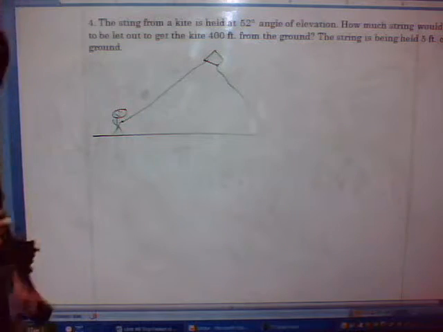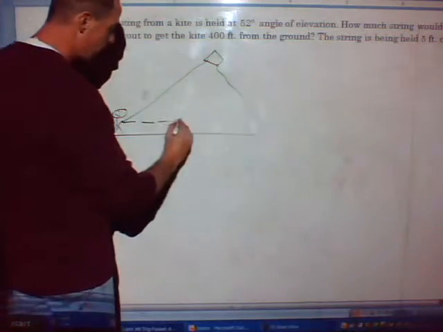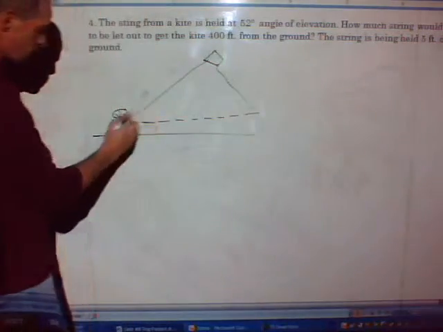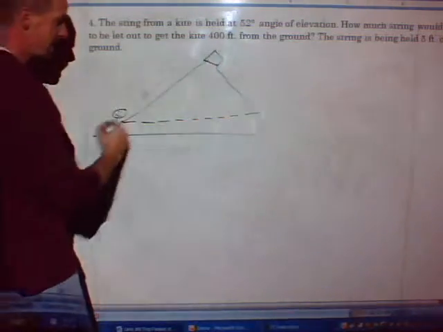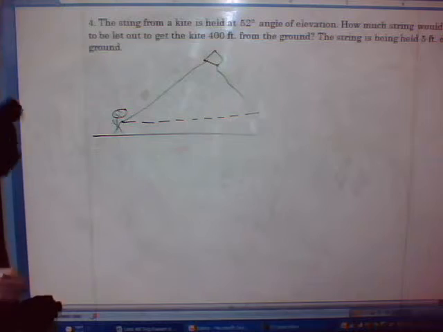In this case, the angle of elevation is not formed from the eyes, it's actually formed from the hand where the string is connected, because the string is acting as our diagonal line to what we're going up to.